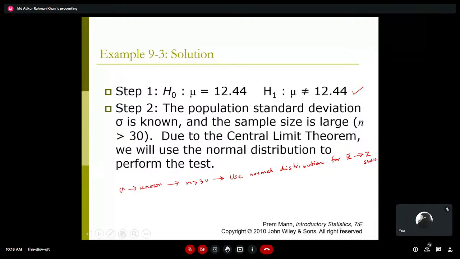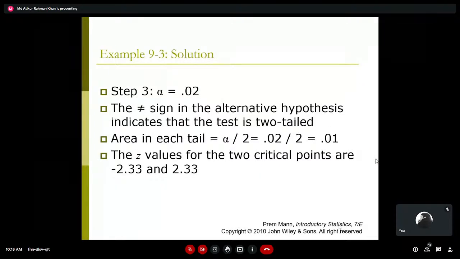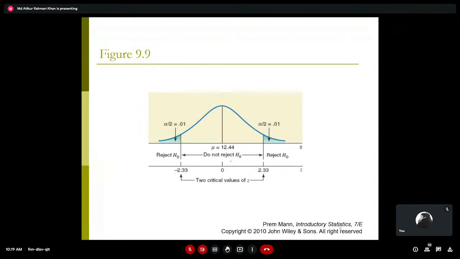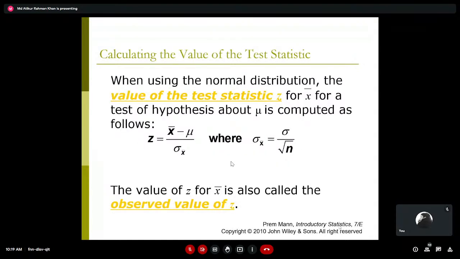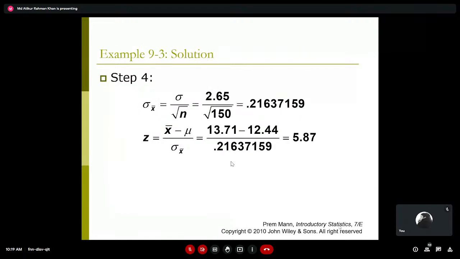Now in step 3, we calculate the Z statistic. I don't want to write it in that way, so I'm going to cross it out. Step 4 is coming here. I don't want to overwrite too much, so I can just write step 3 here.